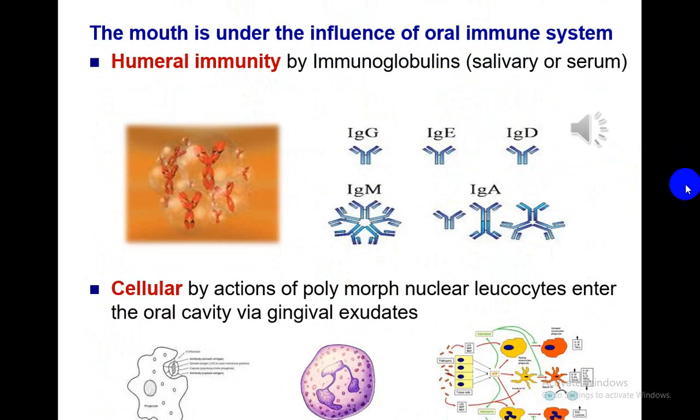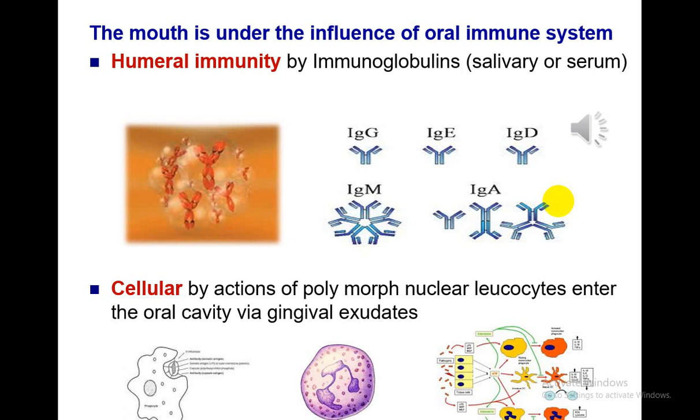The oral cavity is under the influence of the oral immune system, involving first humoral immunity by the action of salivary and serum immunoglobulins, and by the action of cellular immunity through the polymorphonuclear leukocytes that enter the oral cavity via gingival exudate.